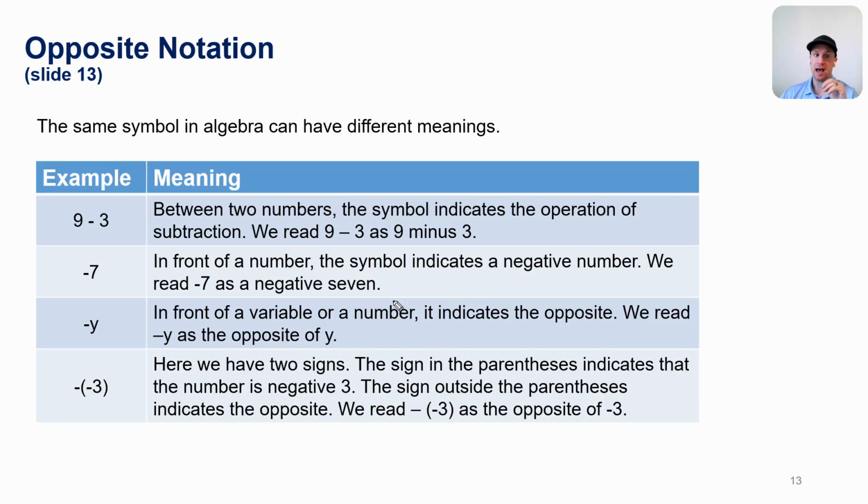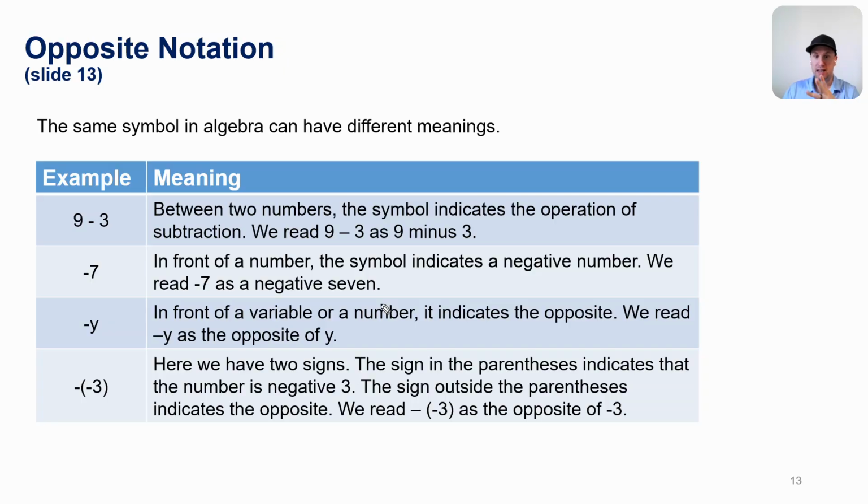And then finally, we have two negatives next to each other. So a negative, parentheses, another negative number in this case. Here we have two negative signs. The sign in the parentheses indicates that the number is negative 3. The sign outside the parentheses indicates the opposite.